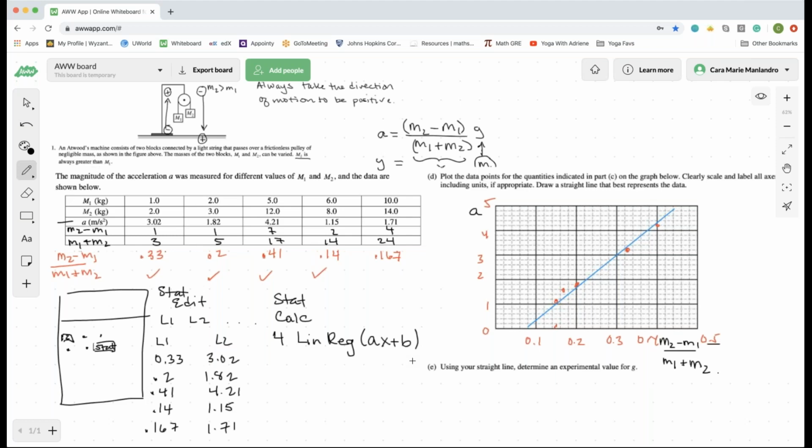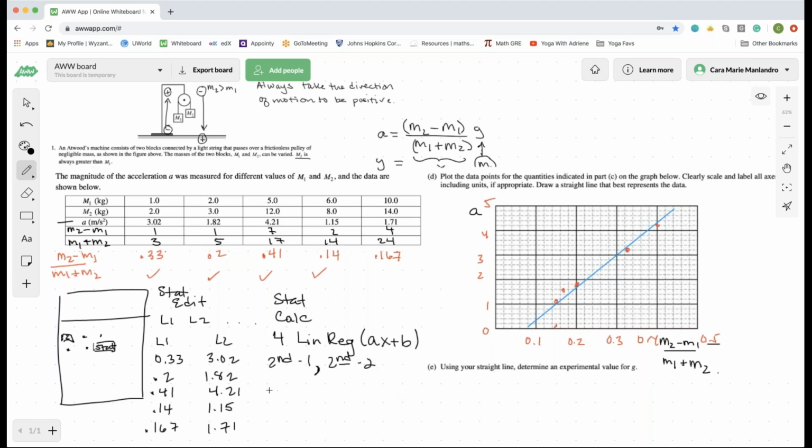Then you hit LinReg, and it should put LinReg on your front screen. Then you hit the second button, and then 1, which brings up list 1, and then you hit the comma button, which is right above the 7, and then you hit second and then 2, which brings up list 2.